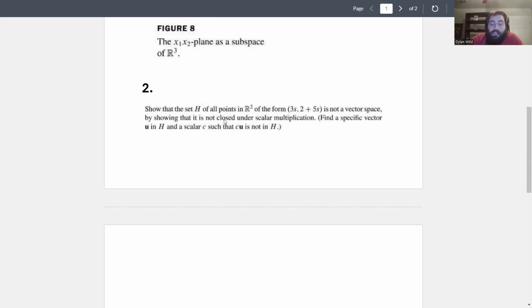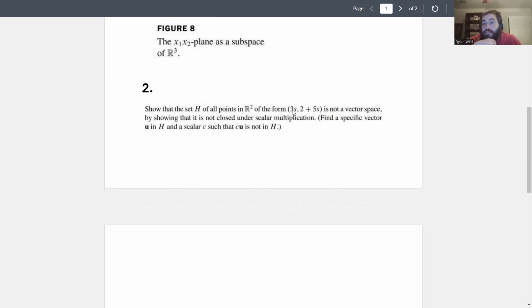Effectively, it's already told us our path to solution: disproving it with a contradiction is going to be with scalar multiplication. If I construct this as a vector of 3s and then 2 plus 5s, and pick some value of s, let's say s is equal to 1, then my vector would take the form of 3, because 3 times 1 is 3, and 7, where 5 times 1 is 5, plus 2 gives us 7.